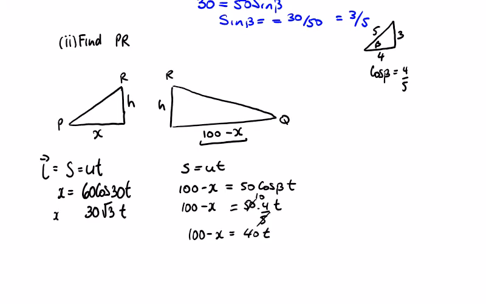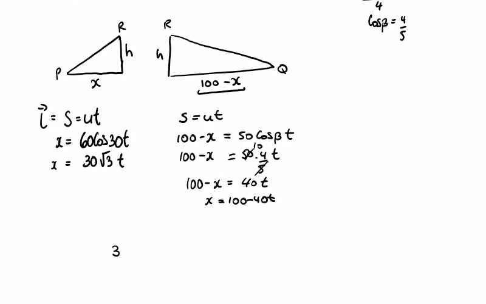And over here we have X is equal to 30 root 3T. So in this case, X is going to be 100 minus 40T. If we equate these two things, we're going to get 30 root 3T is equal to 100 minus 40T.